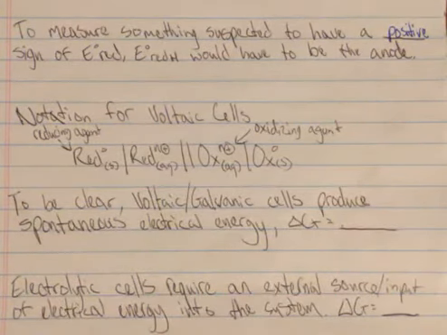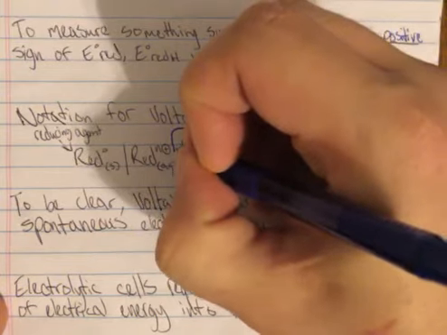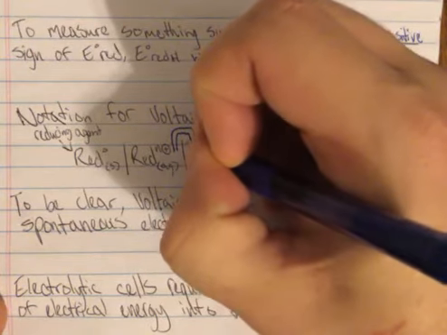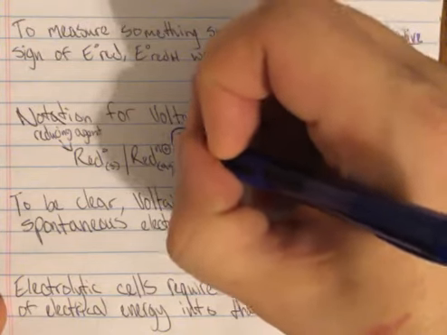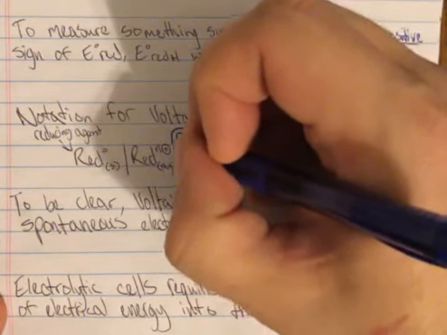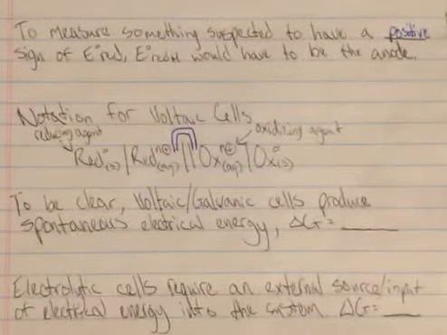It's a wall, if you will, between the two. You can think of a salt bridge connecting one to the other. This is porous and some kind of insoluble salt mixture where electrons can basically traverse from one solution to the other.